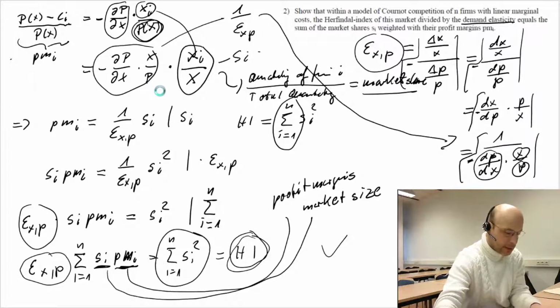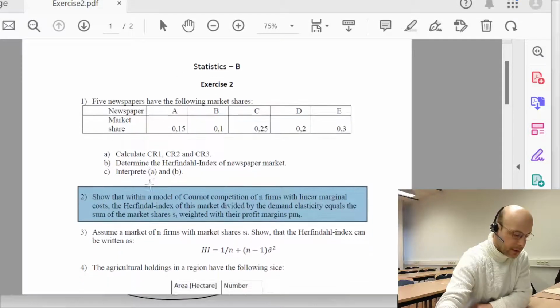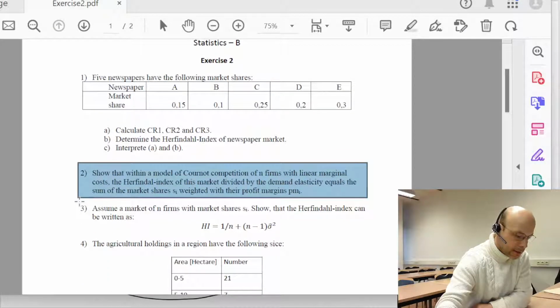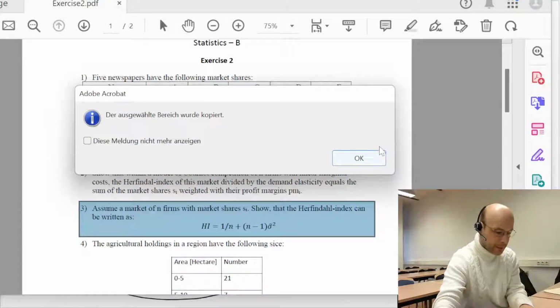Okay, and another nice property of the Herfindahl index we want to show here.